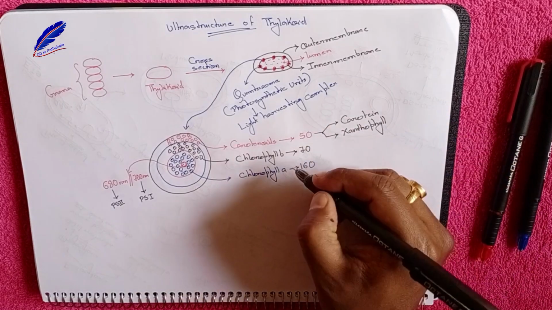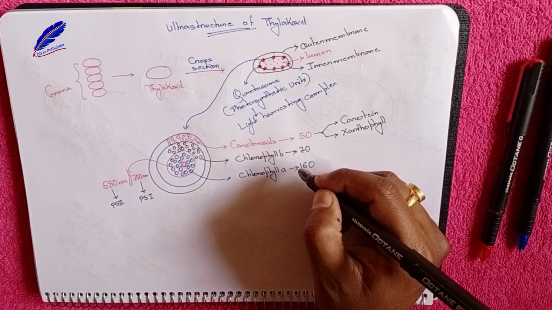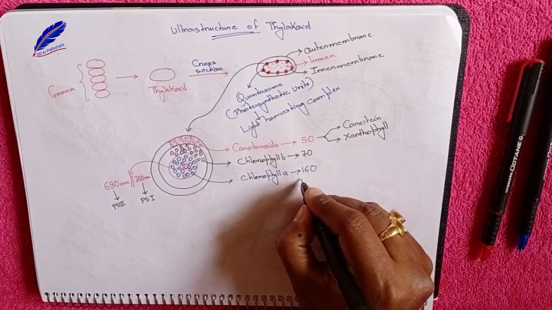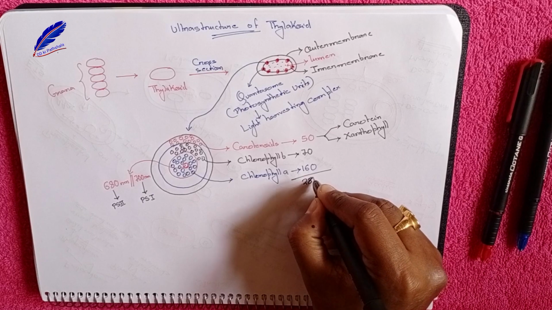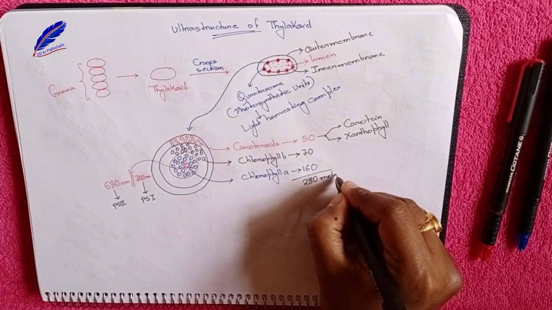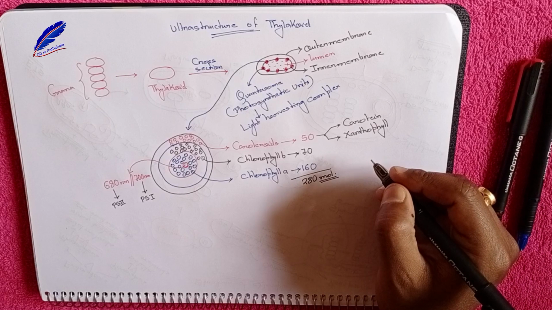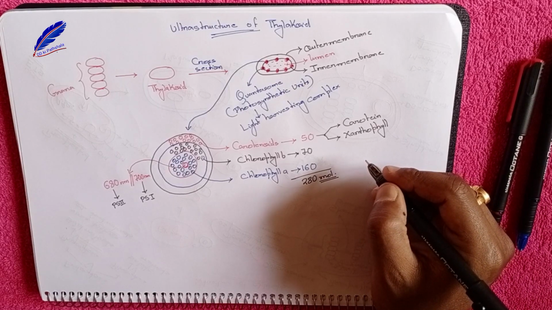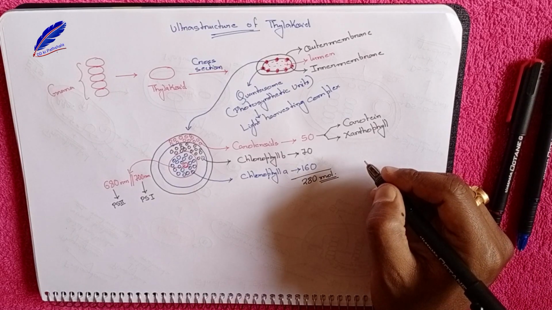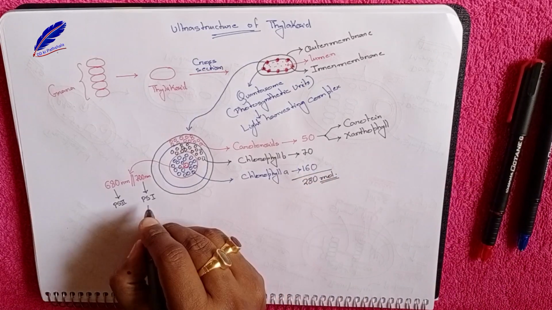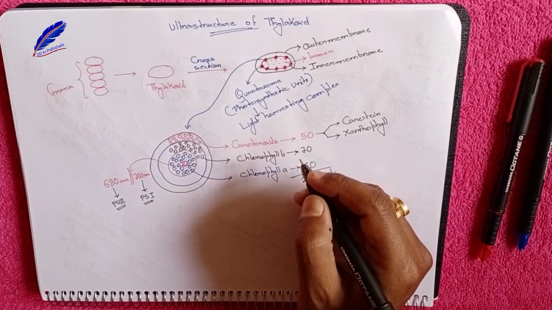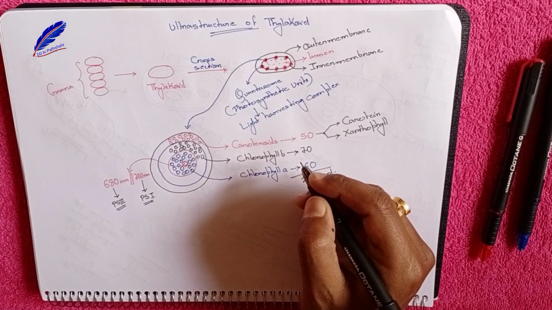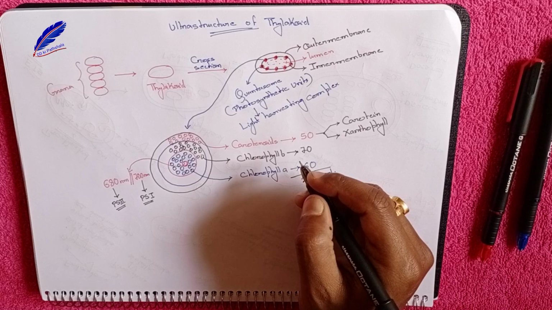In the middle layer there lies the chlorophyll B, and in the innermost there lies the chlorophyll A. So in total there are approximately 280 molecules of pigments that harvest the light ultimately to either PS1 or PS2, leading to the light reaction of photosynthesis through the conduction of jet stream.